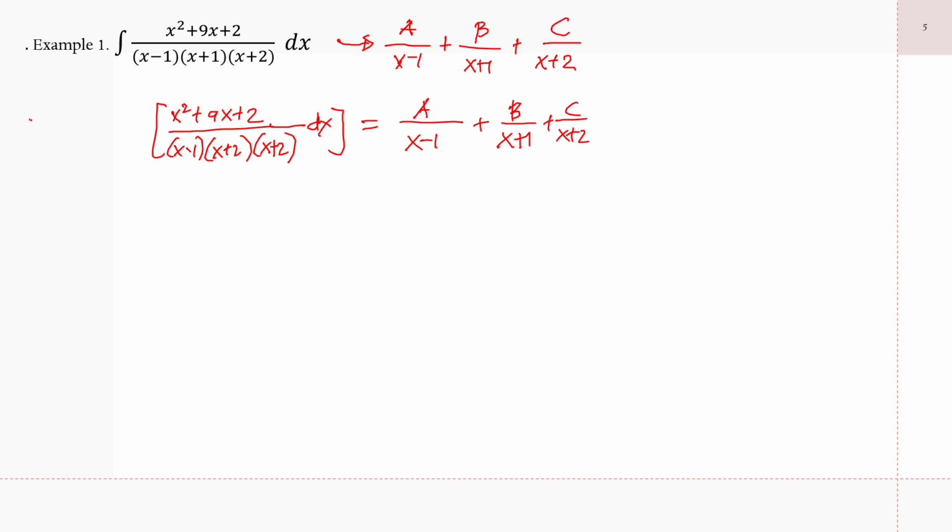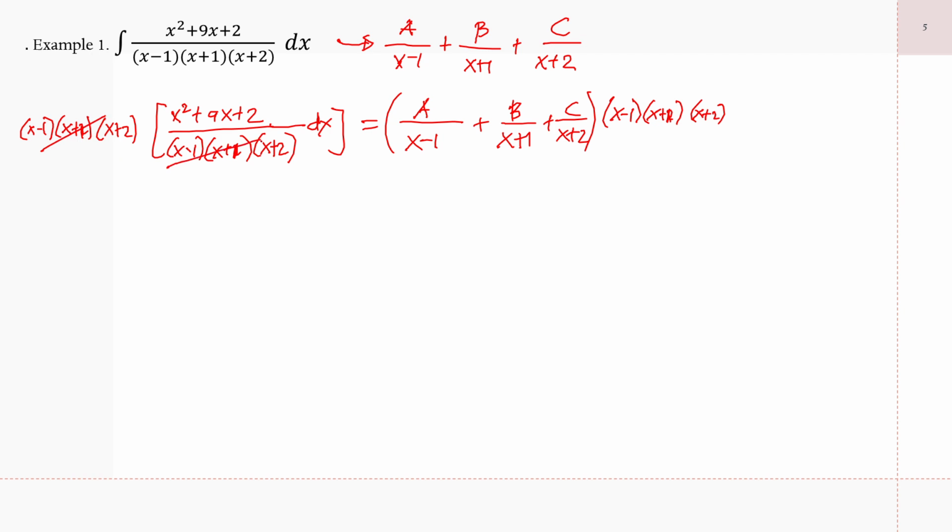So multiply all of this by x minus 1, x plus 1, and x plus 2.